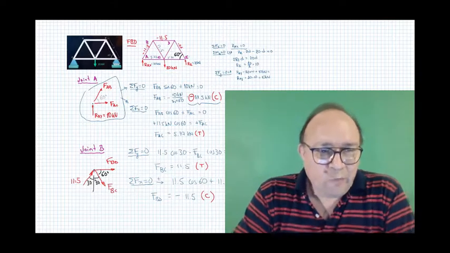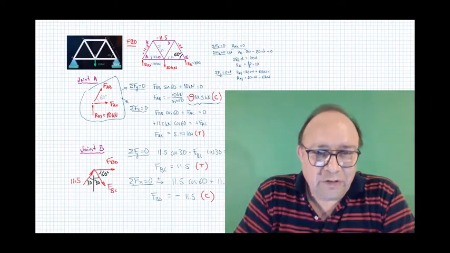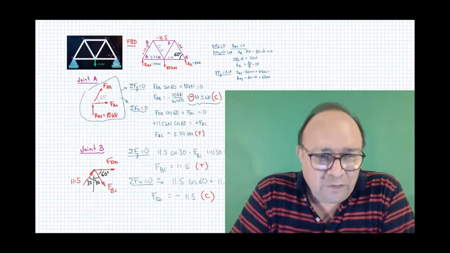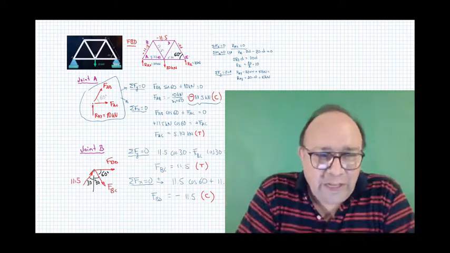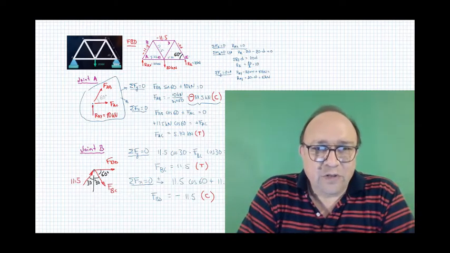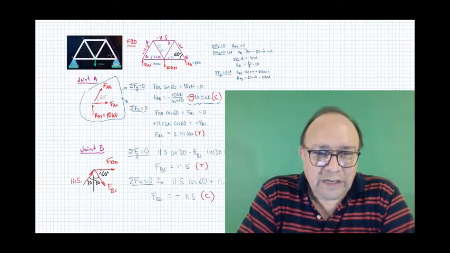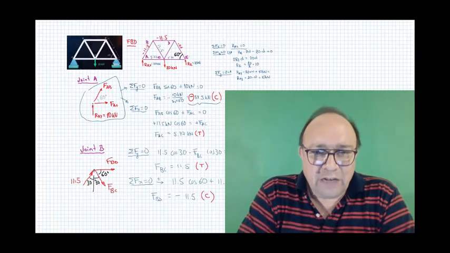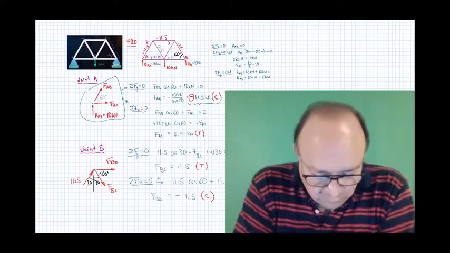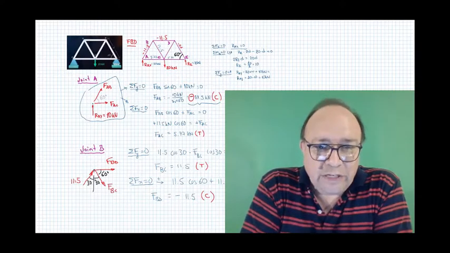But that's not always the case. Eventually, you might be able to solve all the forces in all the elements and all the reactions just by sweeping the joints from left to right or starting from any joint that you can find that has only two unknowns. That's the condition. You can analyze only joints that have two unknowns. Okay, so now we just have to go for another example, maybe a little more complicated than this one.